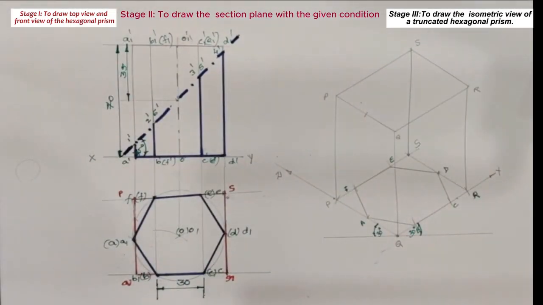Then we will draw the isometric view of a top base of a hexagonal prism.